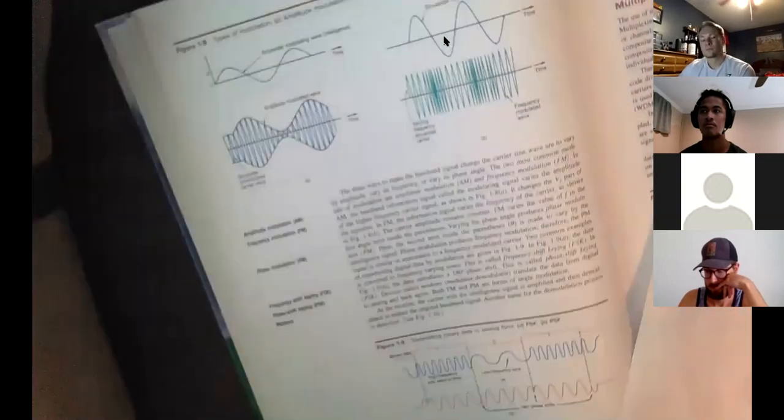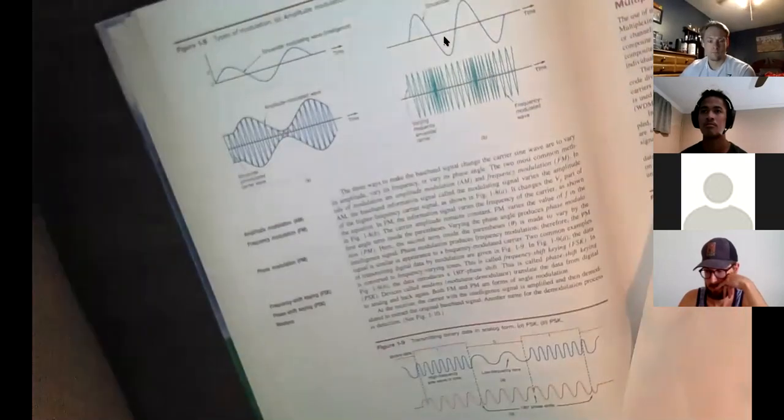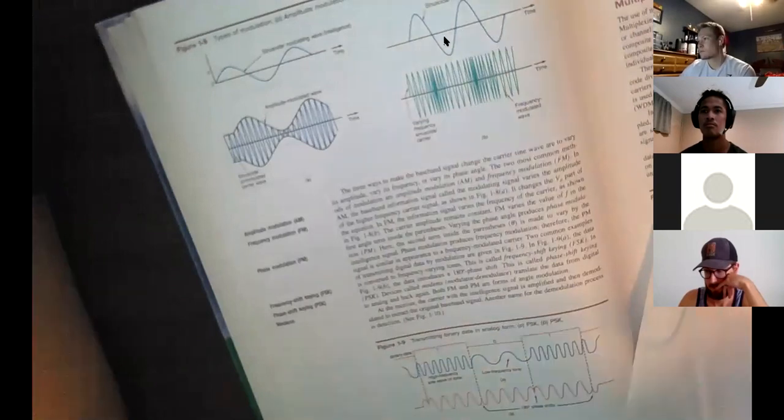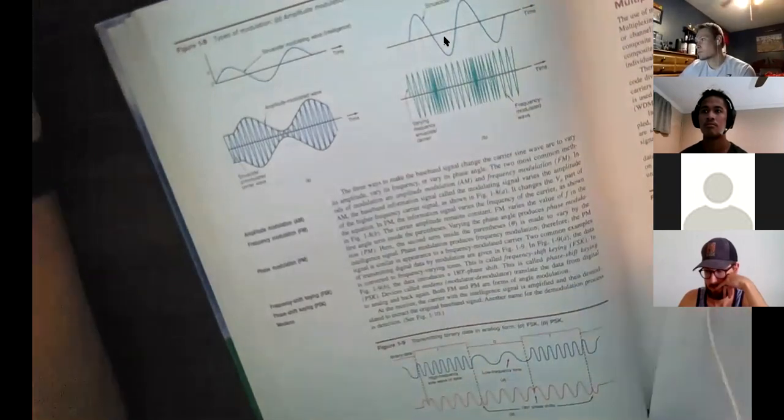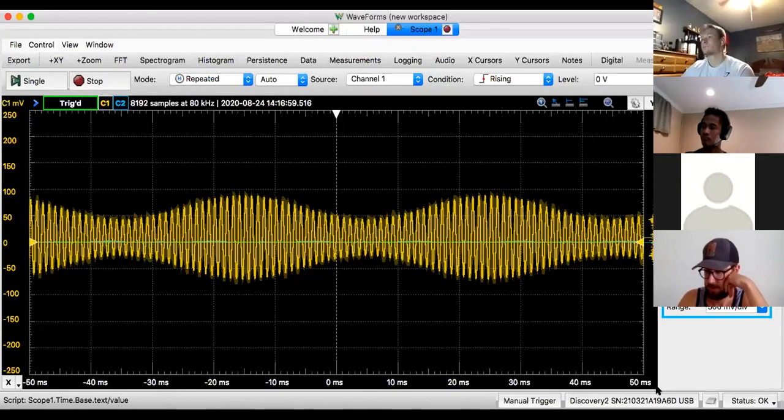I have here an AM signal I want to show. Let me switch my cameras. And I can show you the AM signal, what it looks like. So this is an AM signal.